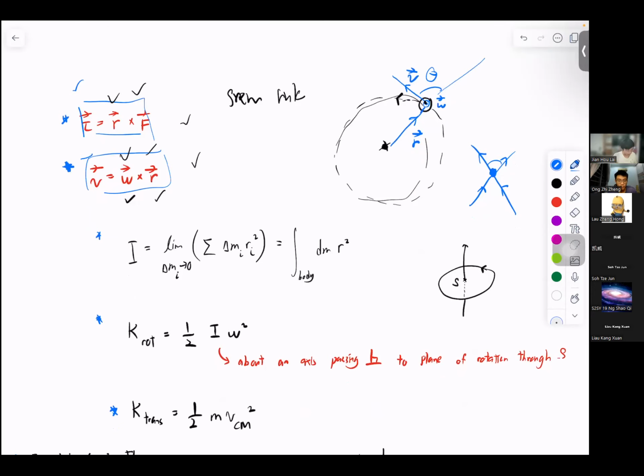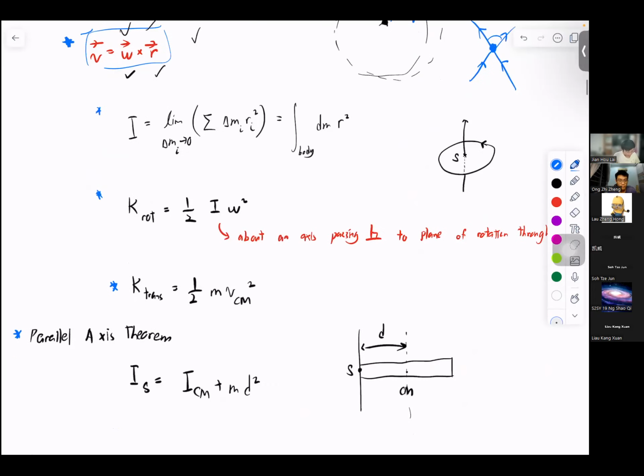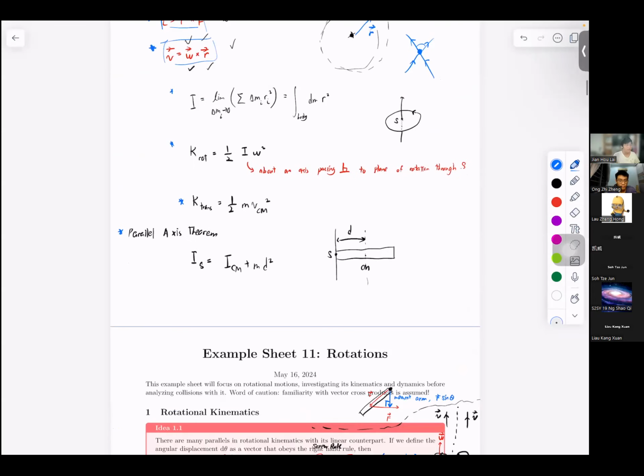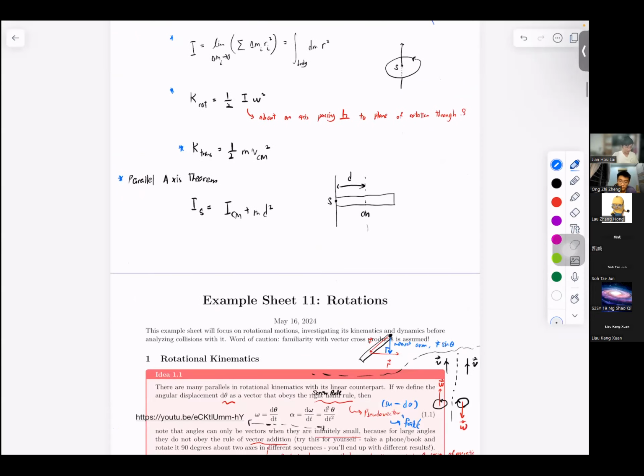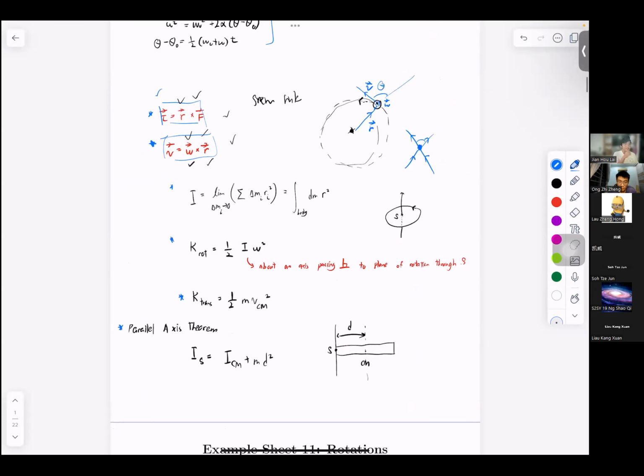It's quite important. Okay, and we will go through moment of inertia. I guess all of you heard about inertia from Newton's first law. Can you guys give an idea of what inertia is?